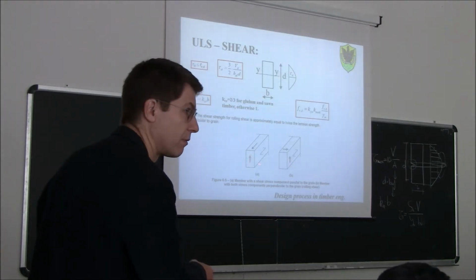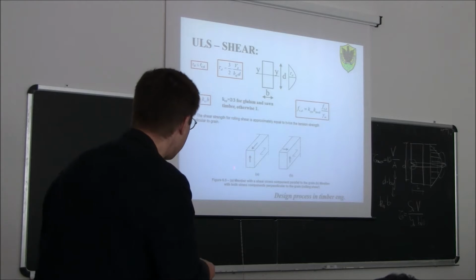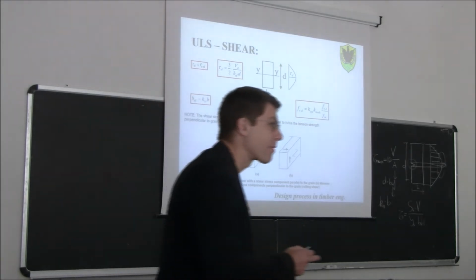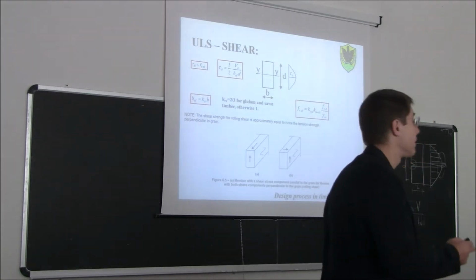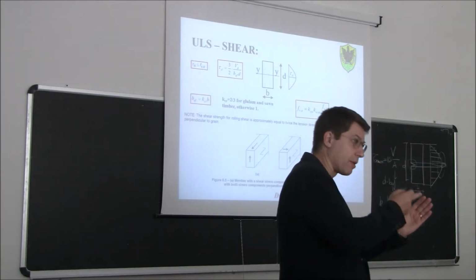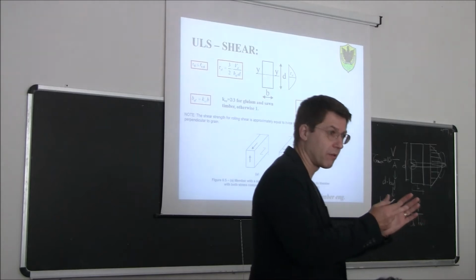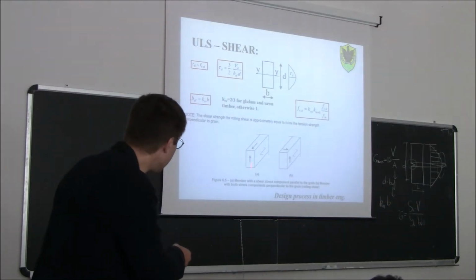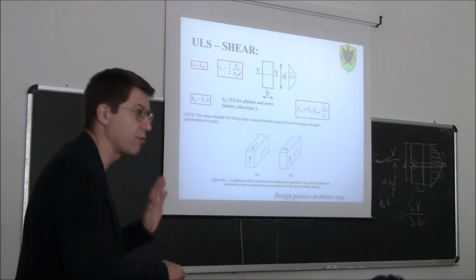So this one is the maximum shear strength. Why? Because it has to destroy the fibers. It has to shear off all the fibers, which are the strong components of our material. So in this plane, we have the maximum shear strength.